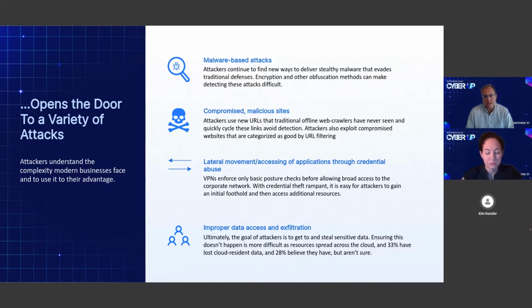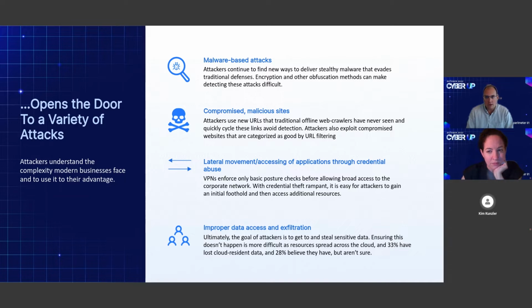And because attackers know this, they understand that IT and business evolution typically moves ahead of security teams' ability to keep pace. And so they're looking for gaps in defenses to try to exploit and compromise target organizations.